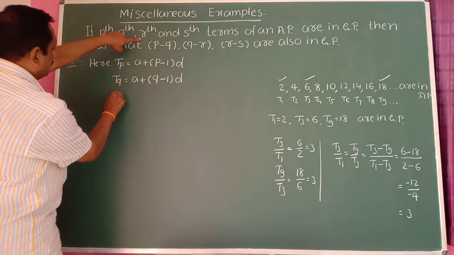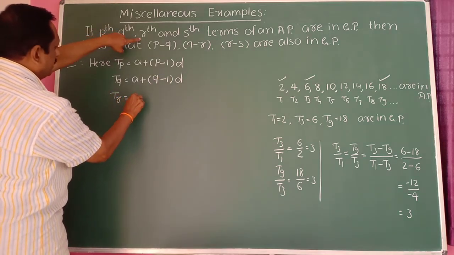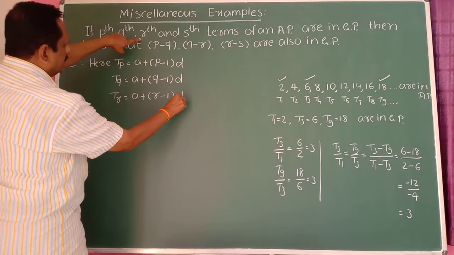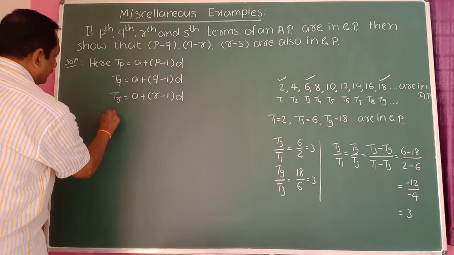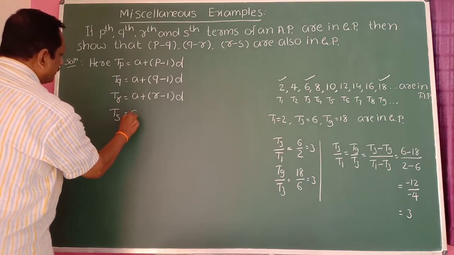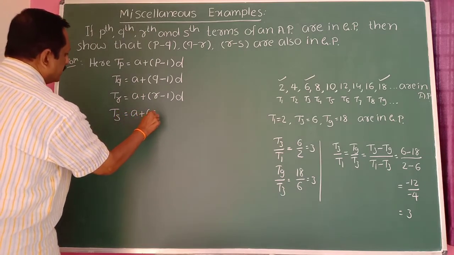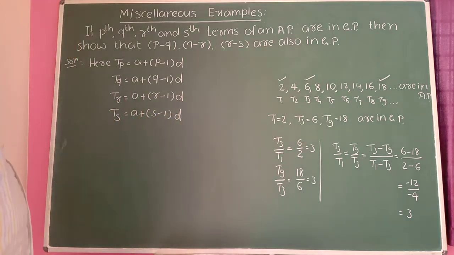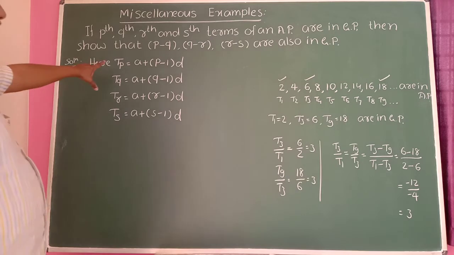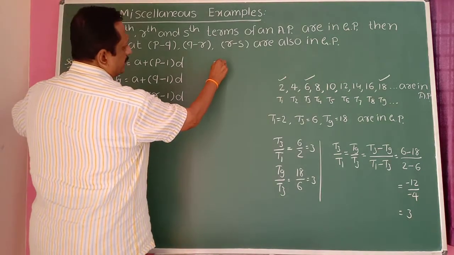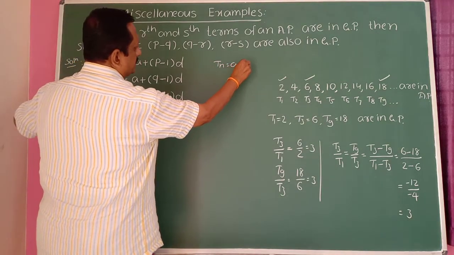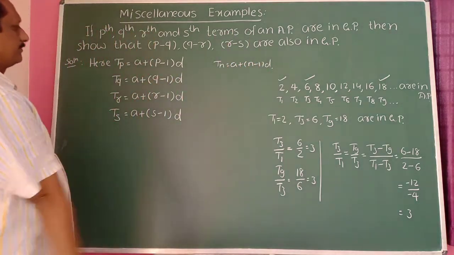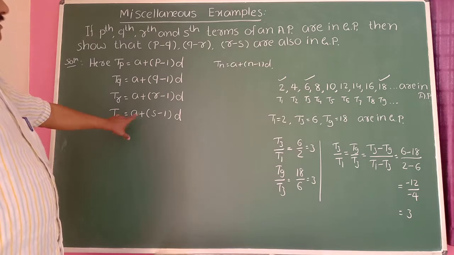Then Tr is equal to a plus r minus 1 into d, and Ts is equal to a plus s minus 1 into d. Then according to this formula, Tn is equal to a plus n minus 1 into d. We are using this formula, and these are in GP.